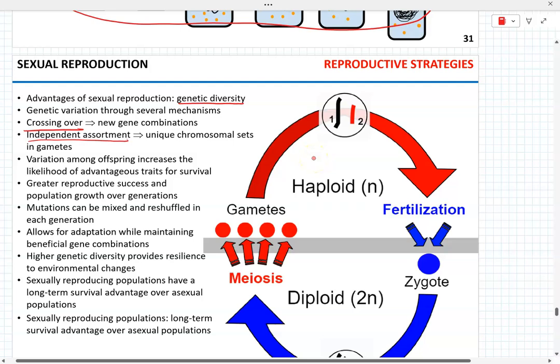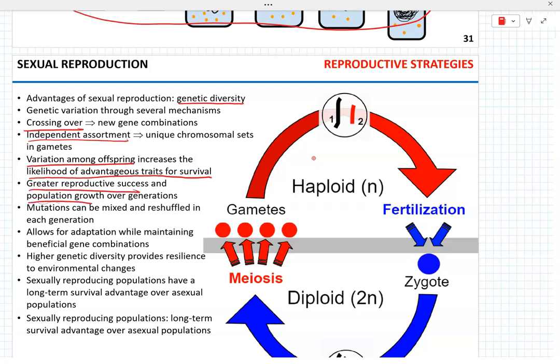The genetic diversity of the offspring significantly increases the emergence of genes that are advantageous for survival, giving those populations greater reproductive success and increased population growth. Now, mutations can and will be mixed and reshuffled in each generation because of the crossover and independent assortment, and it allows for adaptation while the beneficial gene combinations are maintained.